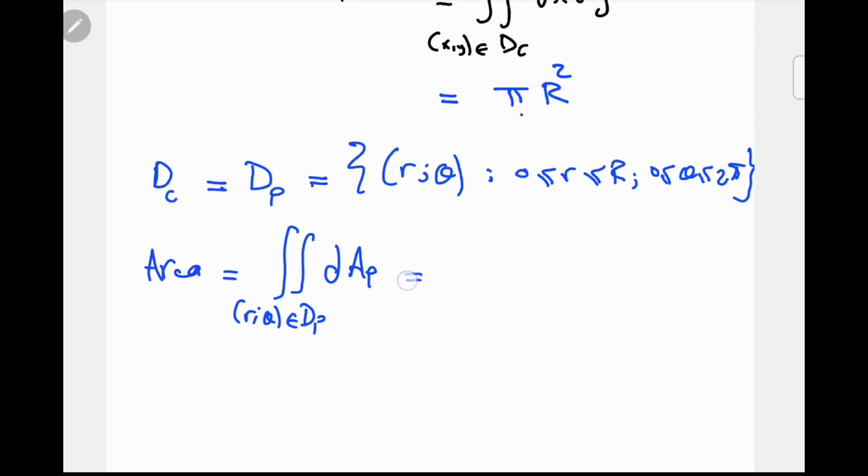So this is equal to the double integral of r dr d theta, where r is between 0 and capital R, and theta between 0 and 2 pi.